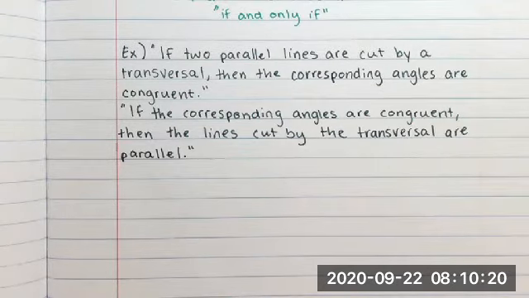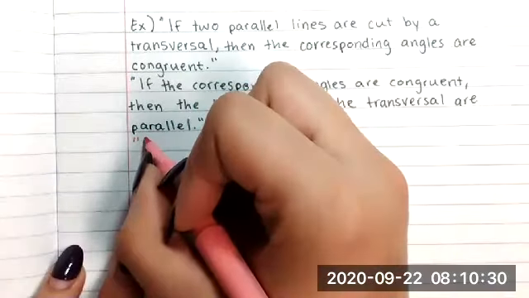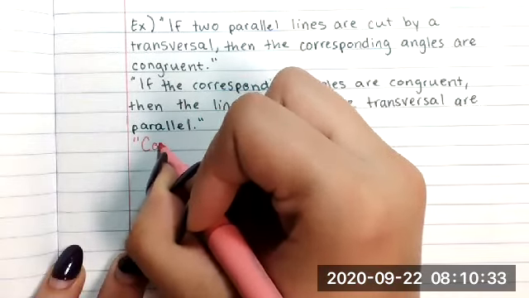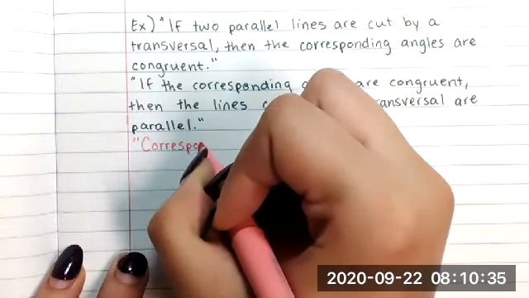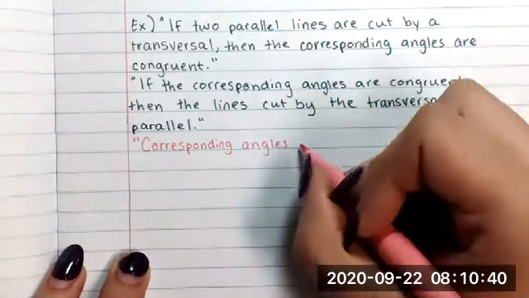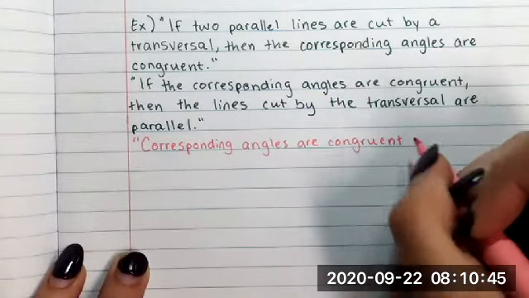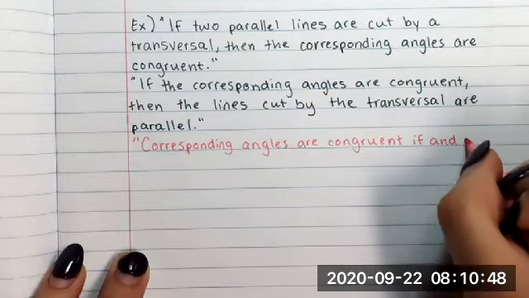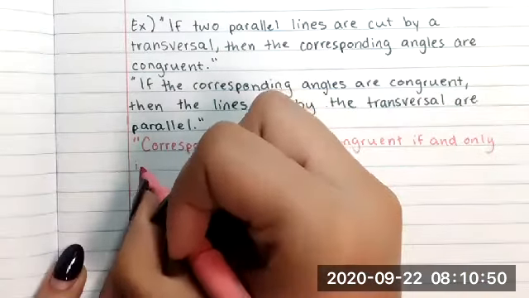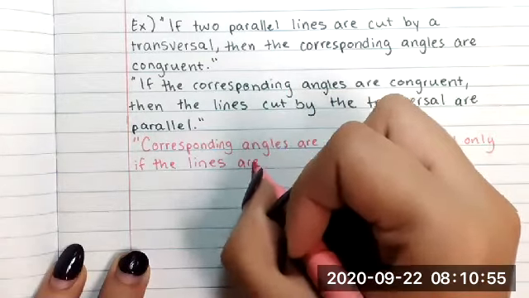So we can rewrite that as a biconditional, because this is a lot. We can make it a little bit shorter with the biconditional. So we can say corresponding angles are congruent if and only if the lines are parallel.